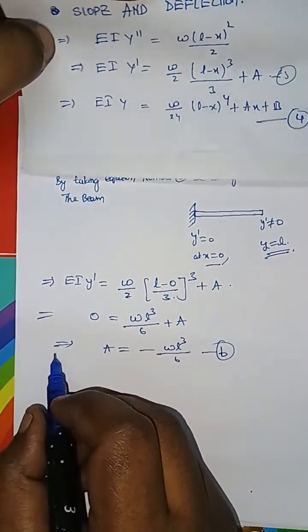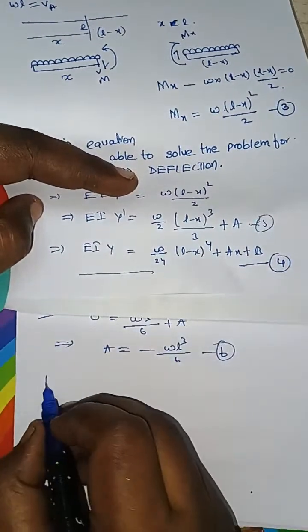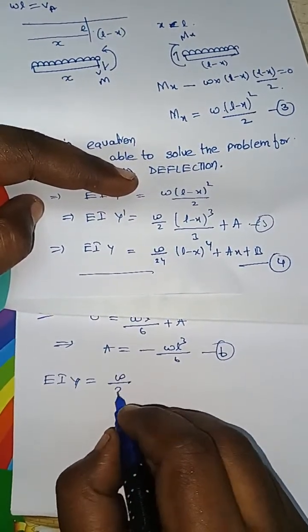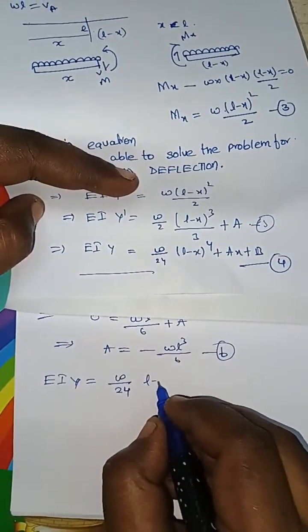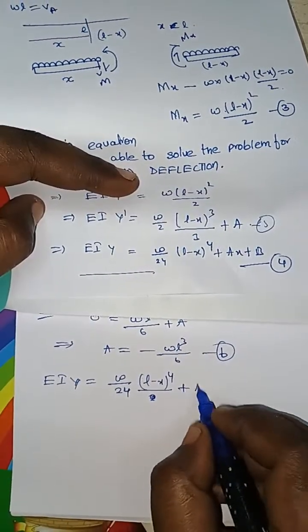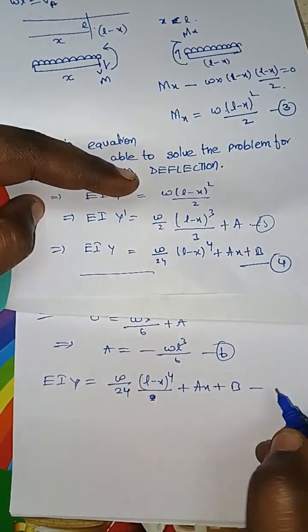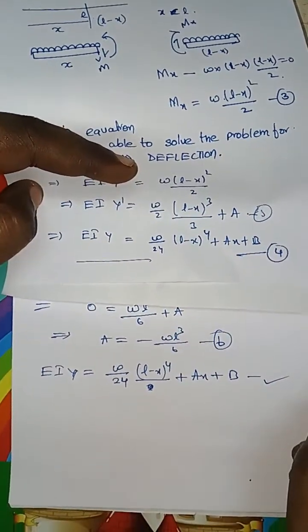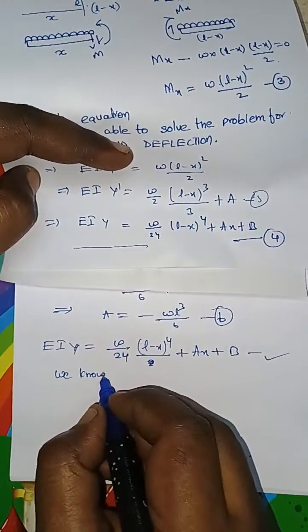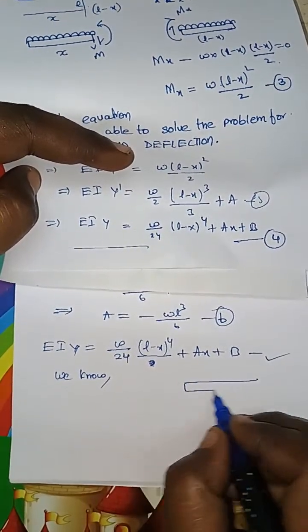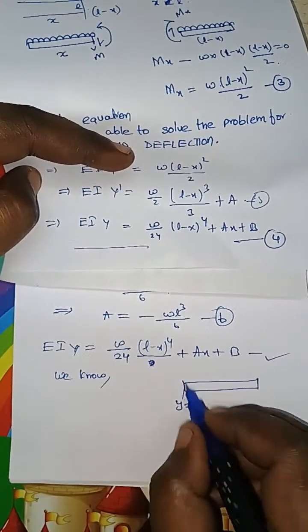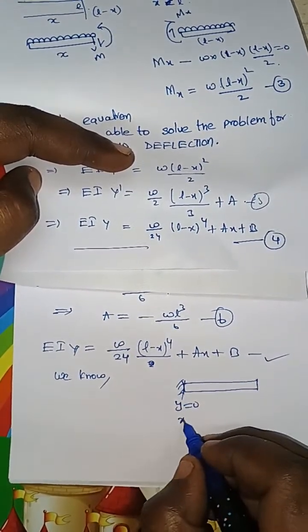Now by using equation number 4, EI y is equal to W by 24 (L minus x) power 4 plus Ax plus B. If we take this particular beam, the deflection at this end is 0 at x is equal to 0.